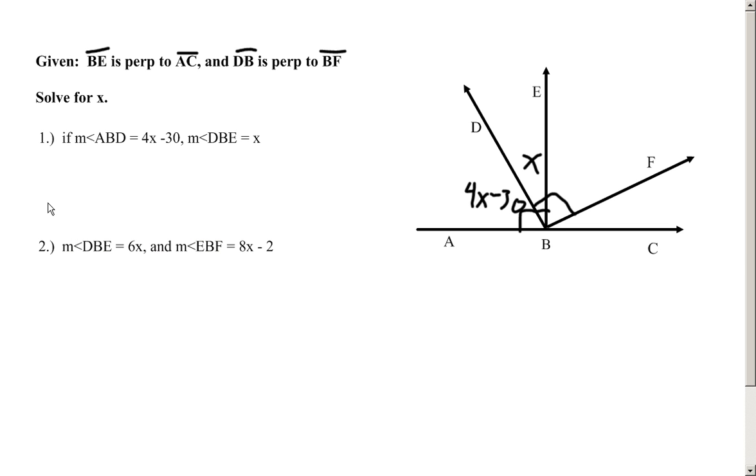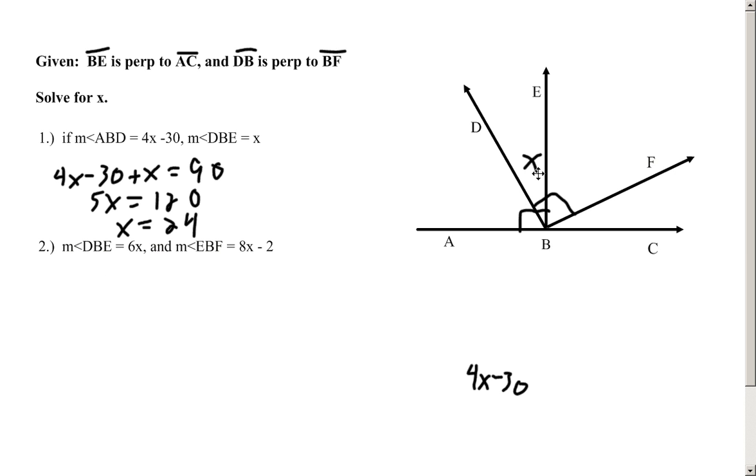Well, we say that those two should add up to 90 degrees. So we say 4x minus 30 plus x equals 90. Add those x's together. So add 30 to both sides. And we say, oh, that was super easy. And x is 24.